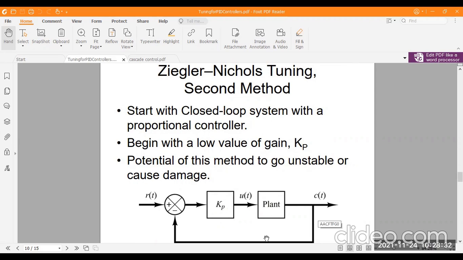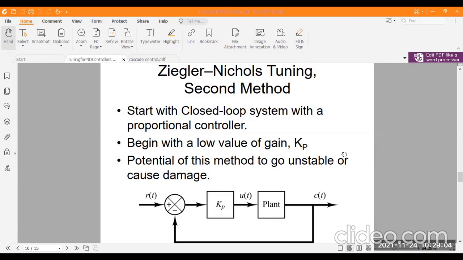All of you know that in 90% of our industries we use closed loop operation with the help of the PID controller part. This Ziegler-Nichols tuning method starts with a closed loop system with a proportional controller part, Kp. It begins with a low value of the gain Kp as the starting point.